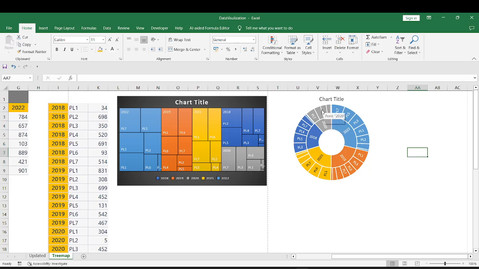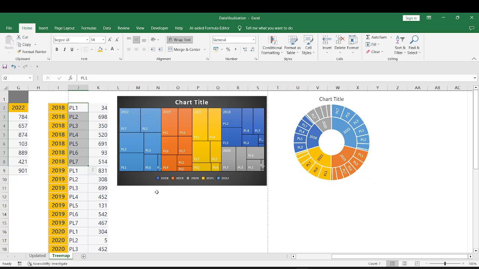Same goes with the sunburst chart where PL7 is the highest, but we have so many other least produced products which are not clear here in the sunburst chart, whereas here we can clearly see that PL2 is the least produced product. When we have too many products to compare, the tree map works better compared to the sunburst chart.